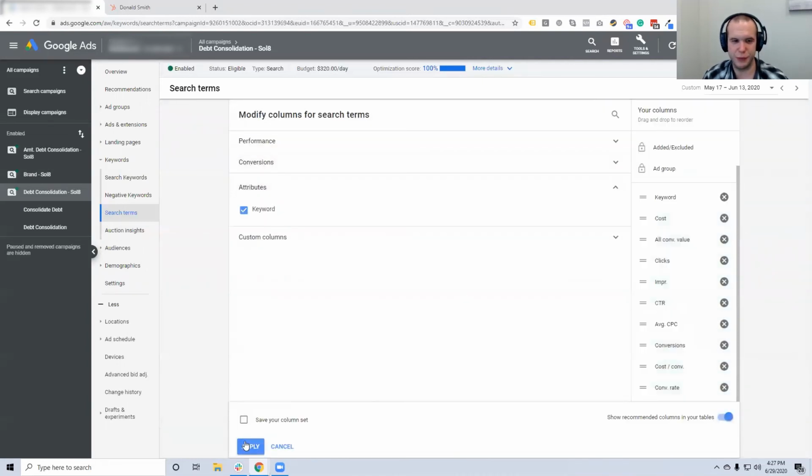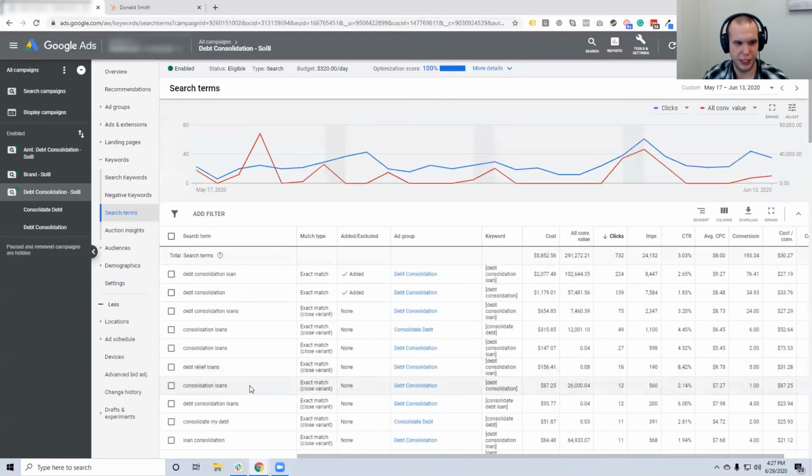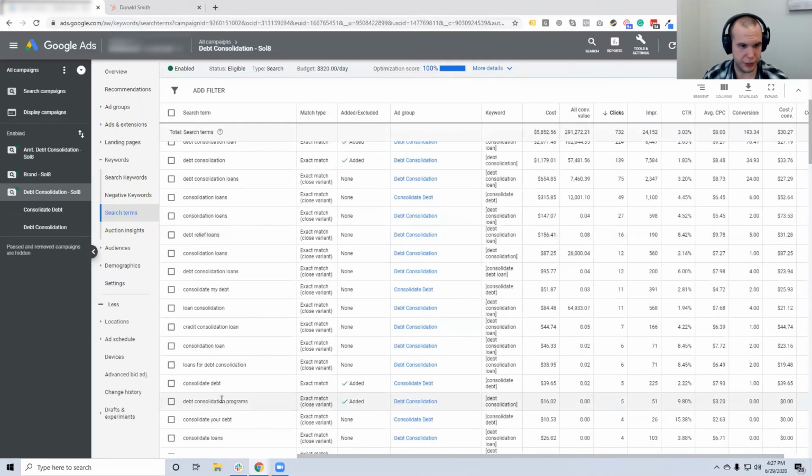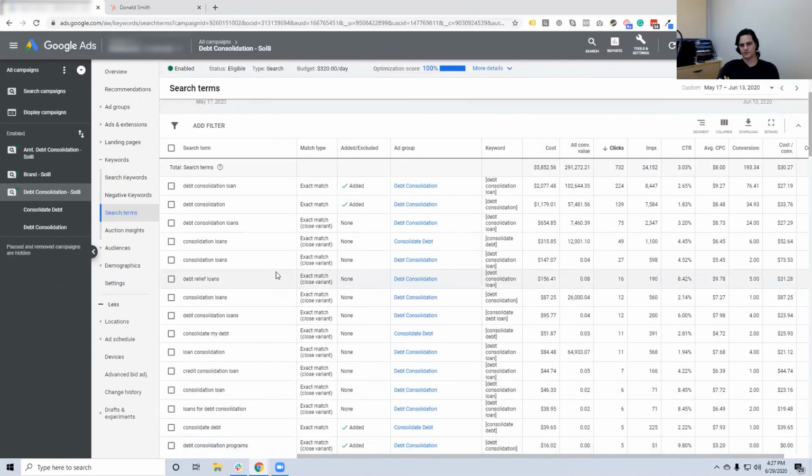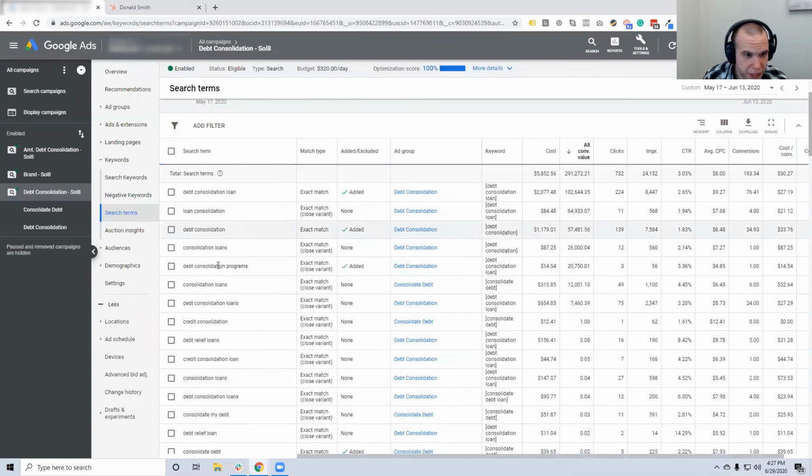If you look at the keyword that was triggered at the time of that search for debt consolidation programs, it was actually debt consolidation. What's interesting is that debt consolidation loan and debt consolidation loans are both triggering for debt consolidation programs. What that tells us is this is a pretty popular search term.